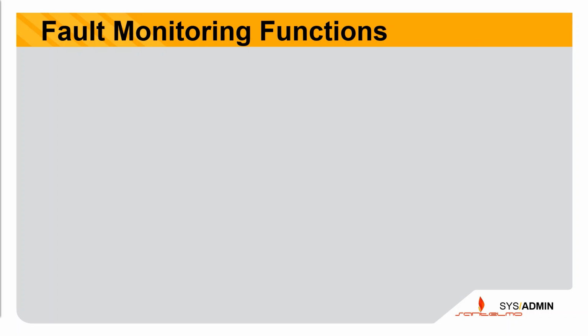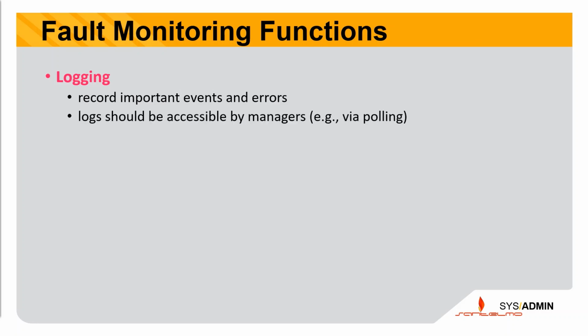Okay, next would be the fault monitoring functions. Let's start with logs or logging facilities, which record important events and errors. Logs should be accessible by managers via polling. We have introduced and defined polling in the previous slides.